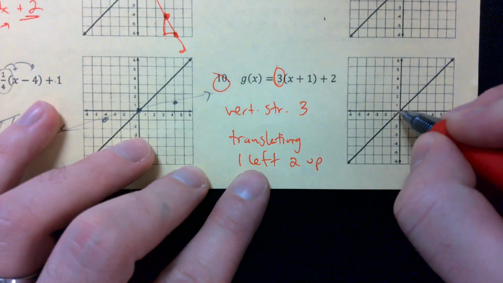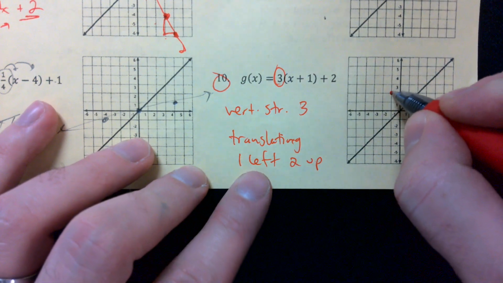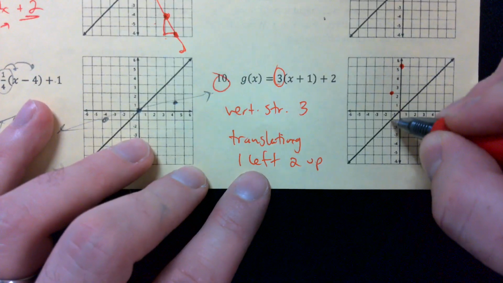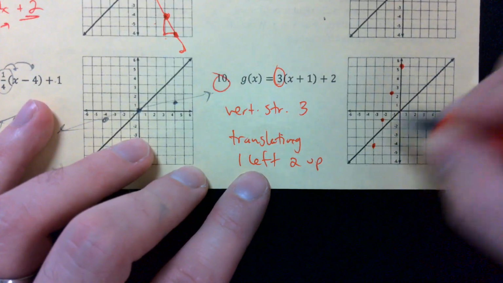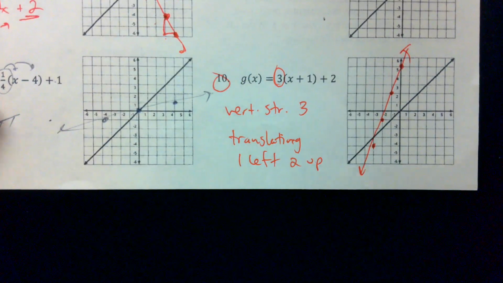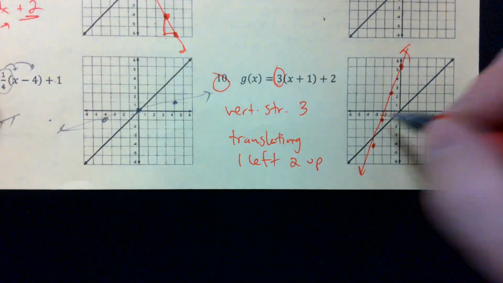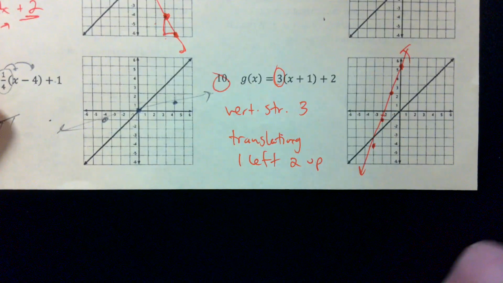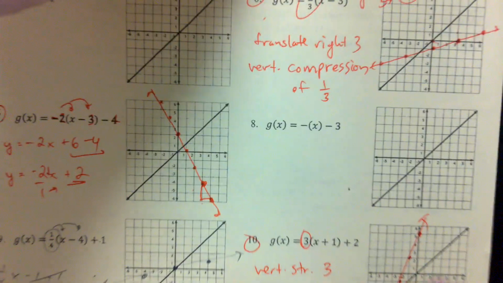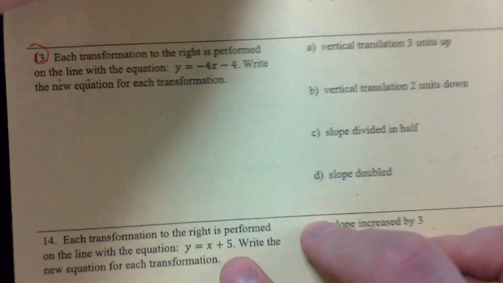I'm going to go 1 left, 2 up, make a dot, and then rise 3, run 1. Rise 3, run 1. Does your guys' line look like this on number 10? Yeah, crossing the y-axis at 5. Yes? Okay. Those all look good on the front, 6, 7, and 10? Yep. Perfect.